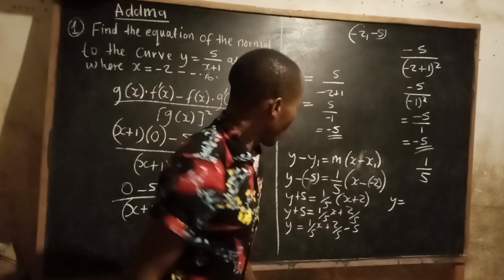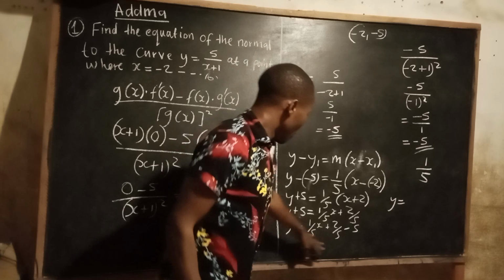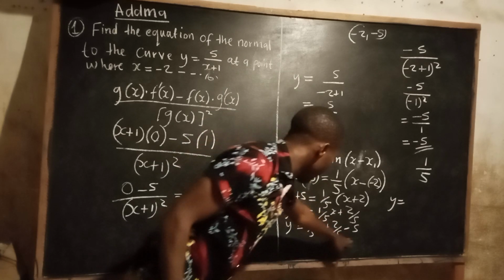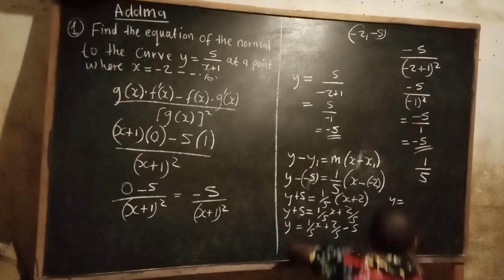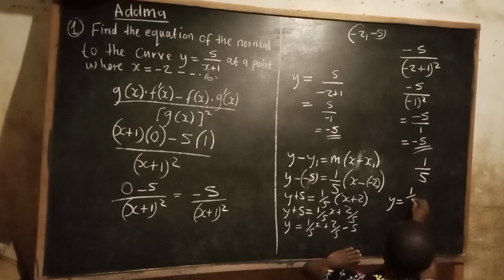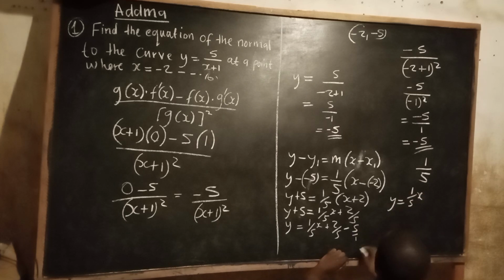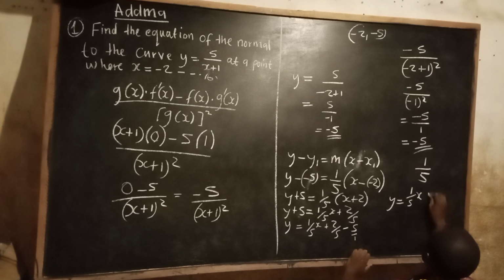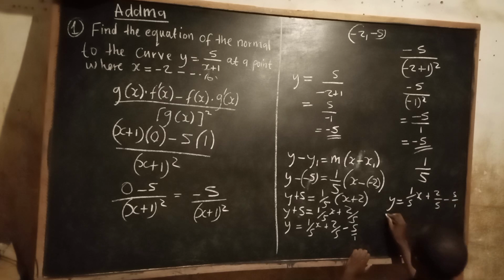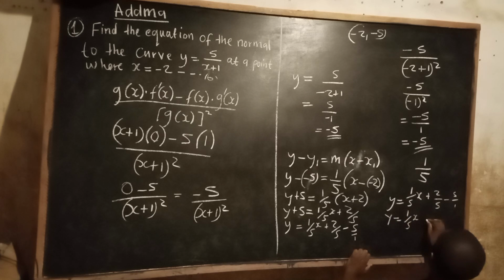So from there, we can now simplify this. Okay, so we have 1 over 5x. What is common there? Here we can say plus 2 over 5, then minus 5 over 1. So what is common here? So we are saying y equals 1 over 5x, then plus 5 is common.